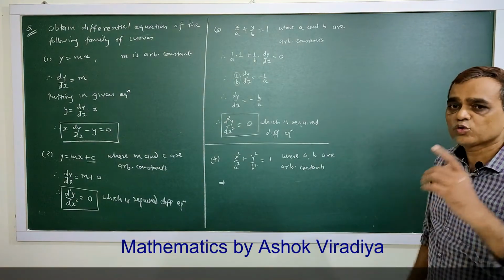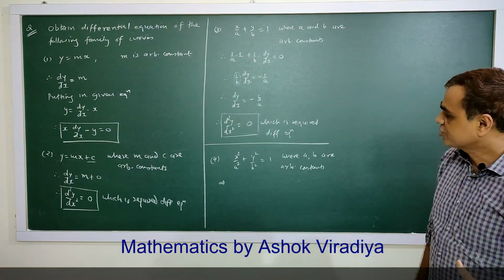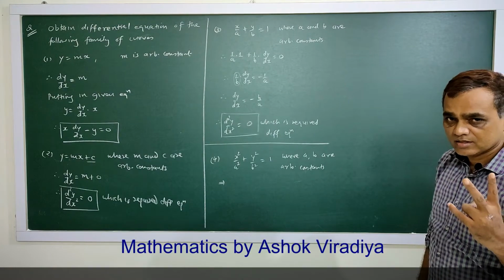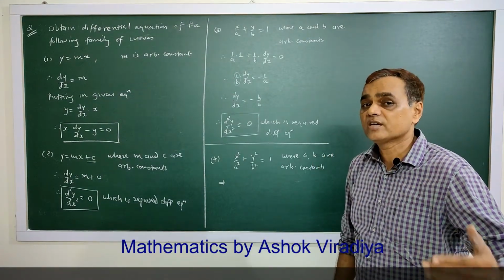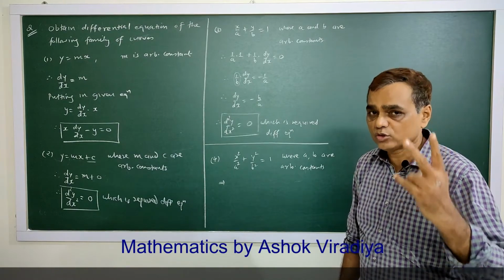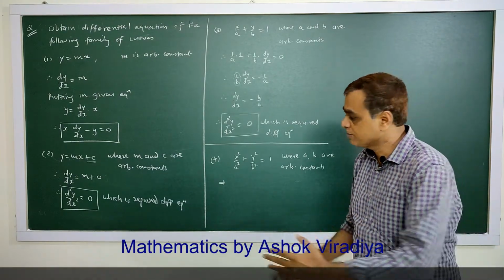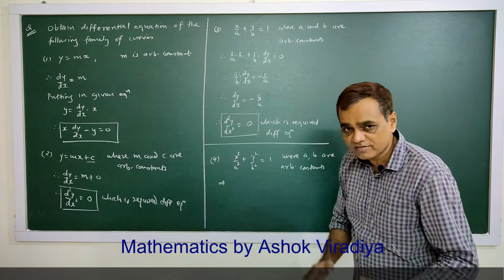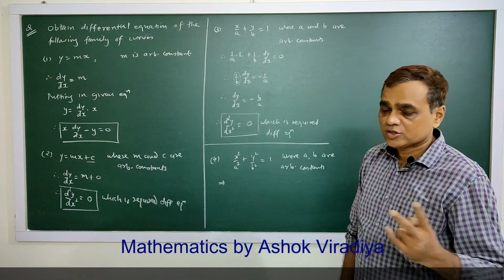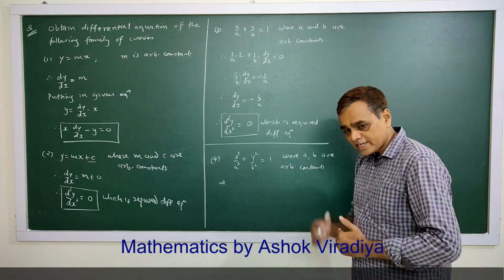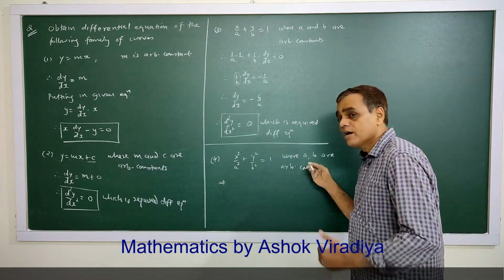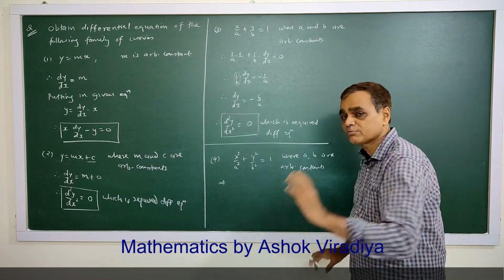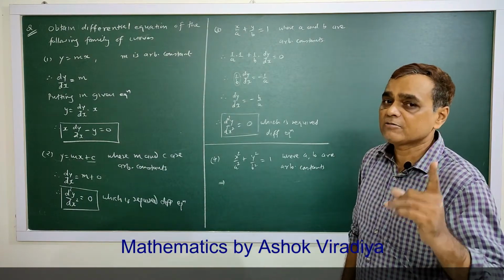So here also we will differentiate two times, because of two arbitrary constants, so its differential equation will have order equal to 2. Whatever its differential equation will be, its order will be 2. So during this two-time differentiation we try to eliminate a and b both, because the final equation must be free from a and b.